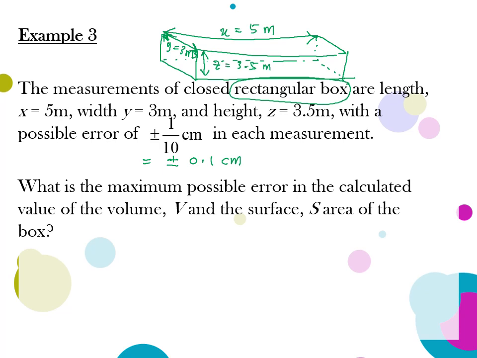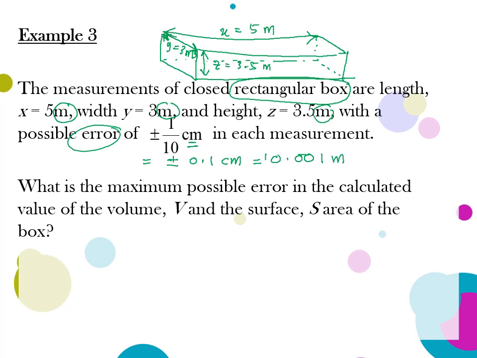Okay, look at the unit here. Please be careful. You have meter, meter, meter, while the error is given in centimeter. So you need to convert to a standard length. Since most of the information is in meter, convert 0.1 centimeter to meter, which will be equivalent to 0.001 meter.